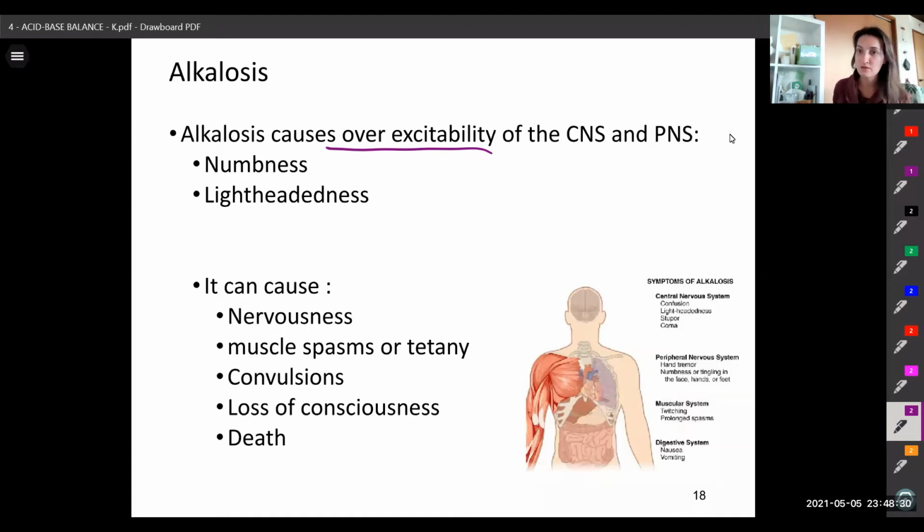And when it's in that direction, we get the opposite symptoms associated with that. When we start with, say, hyperkalemia, the individual can experience acidosis due to that hyperkalemia. And the symptoms that will be produced, however, is overexcitability of the central nervous system, peripheral nervous system.